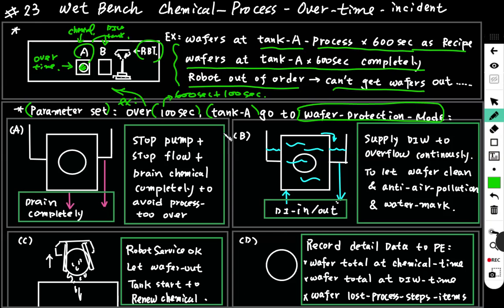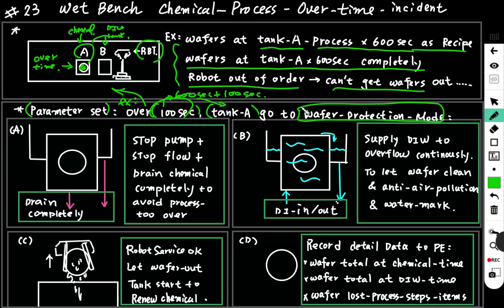But if the robot cannot be fixed in the 100 seconds period, that means the wafer stays at tank A over 100 seconds and the process time is over.